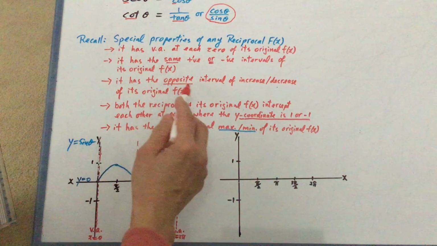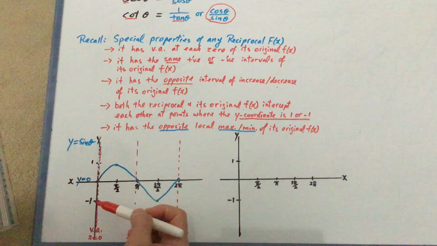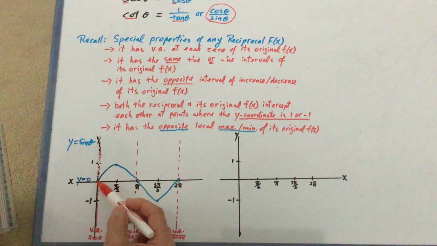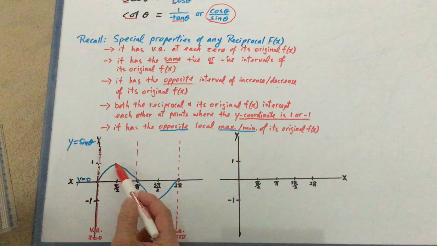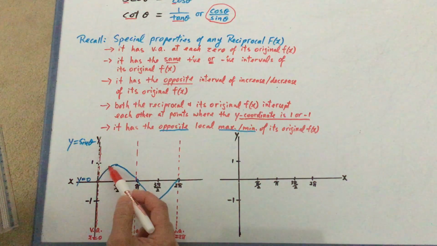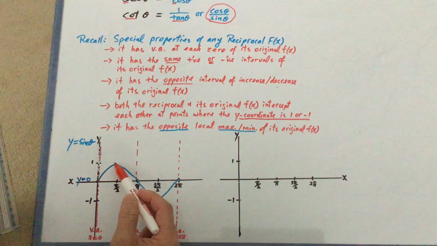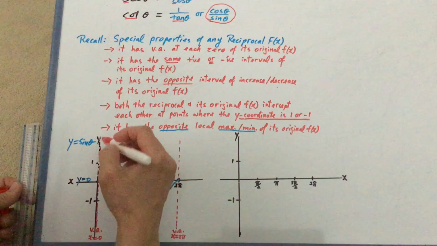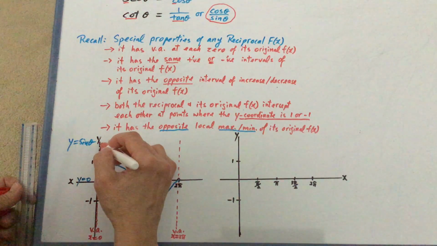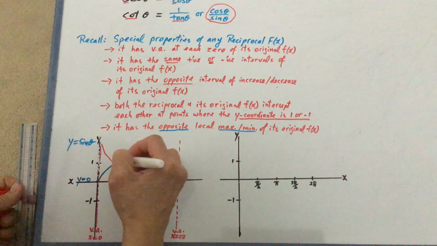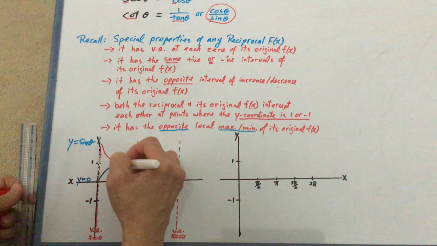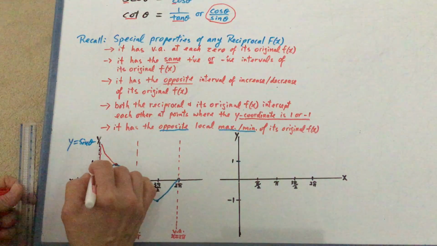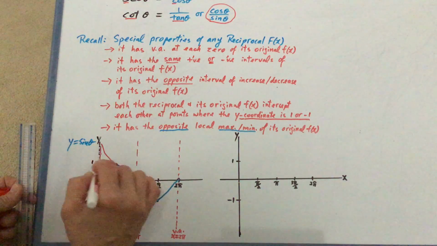It also has the opposite interval of increase and decrease. From 0 to pi over 2, the original has an interval of increase, so that means I'm going to have an interval of decrease from the 0. I'm going to intersect the original at the point where y is equal to 1.